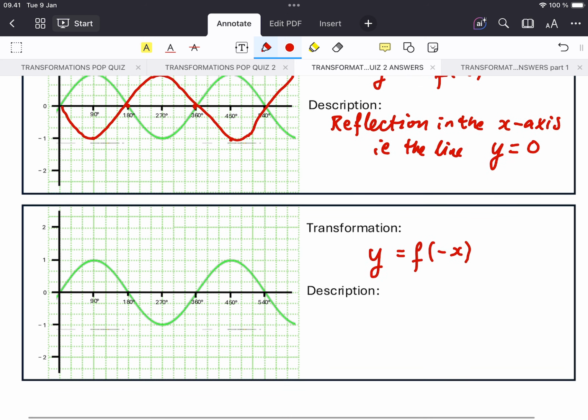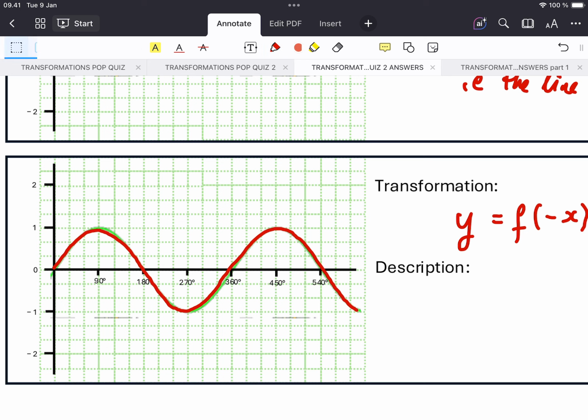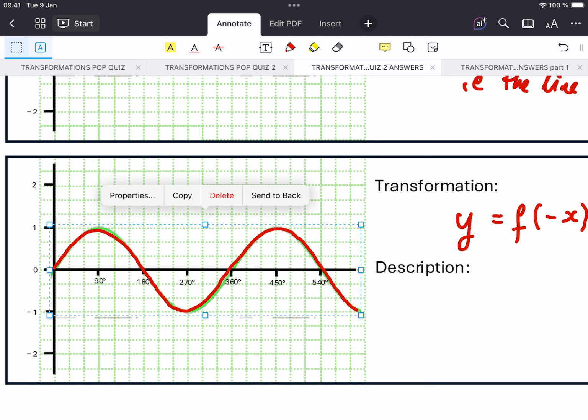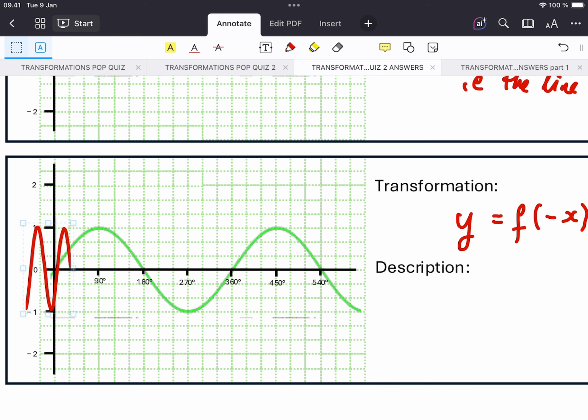And then once again, doing something for the next question, doing something to the x first has an effect in the horizontal plane, and it's kind of the opposite of what it does in the vertical plane. So what that does actually is reflects it.